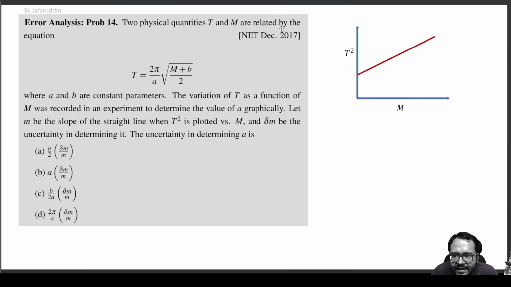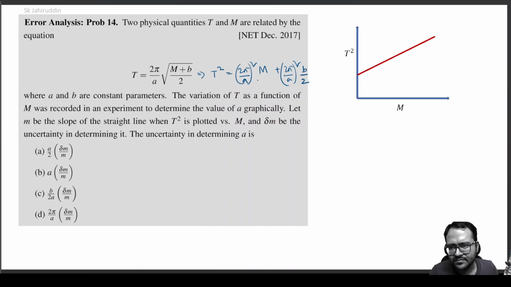Okay, so T and M are related by the equation like this. If you take a square, you get T square is (2 pi by A) whole square M plus (2 pi by A) whole square B by 2.